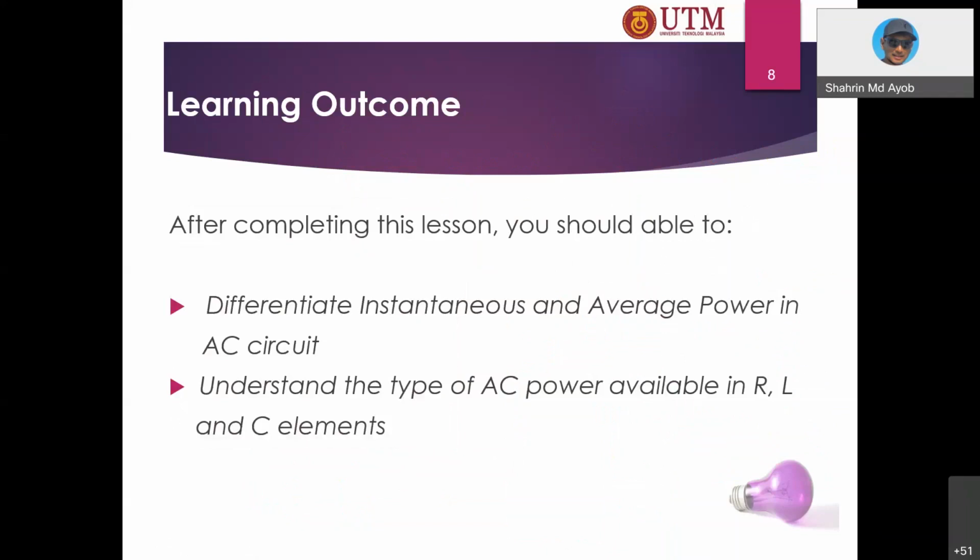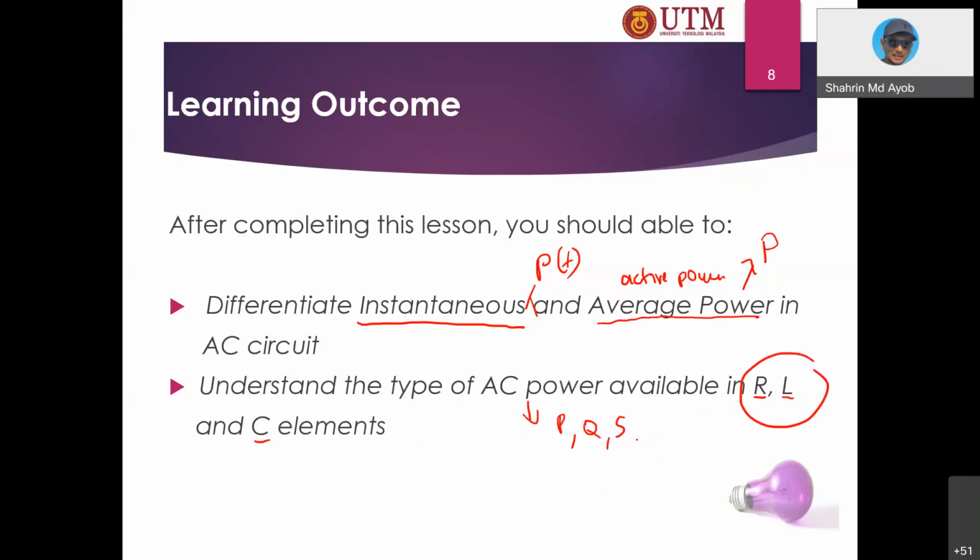After completing this lesson, you should be able to differentiate the instantaneous power, p(t), which is time dependent, and the average power, P, which we sometimes call active power in AC circuits, and understand the other types of AC power available in R, L, and C elements. Here we can have P, Q, and also S.